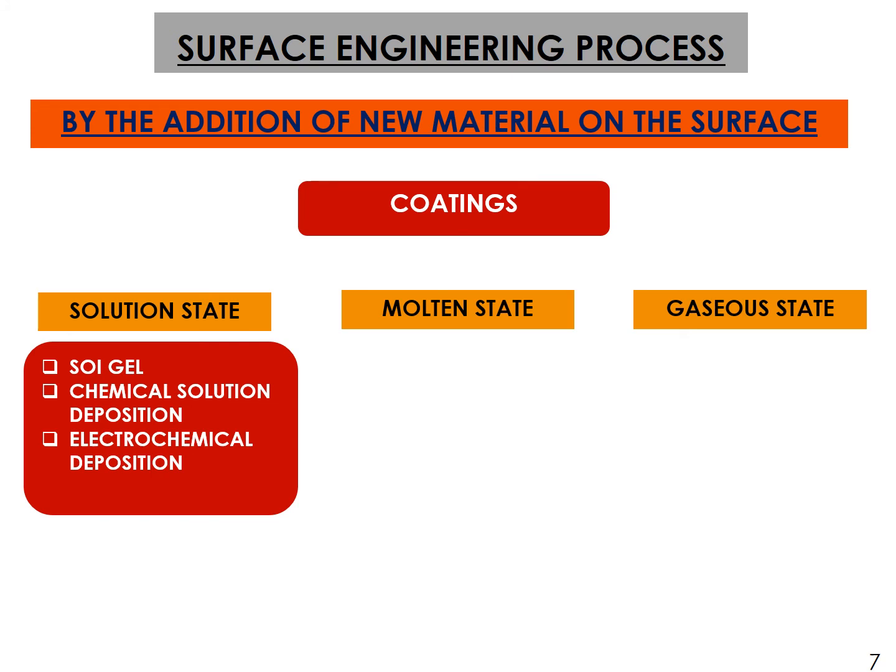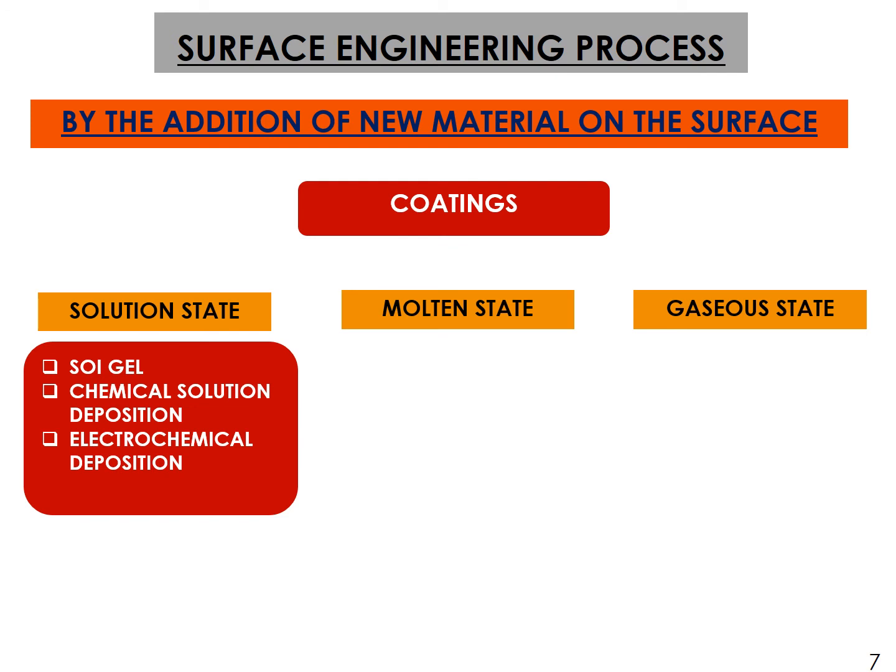This solution method can be categorized into chemical process and electrochemical process, as listed. Sol gel process. There is a word written here, sol gel. Sol is the solution, and gel is the gelatin. Under this category, we have the sol gel process, chemical solution deposition, then comes electrical deposition.